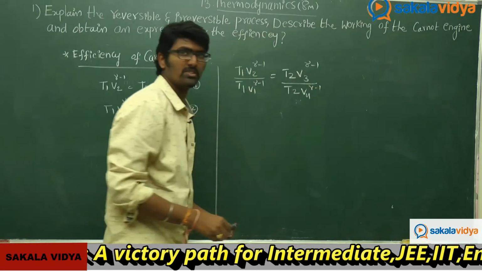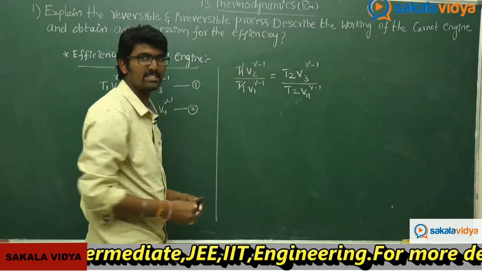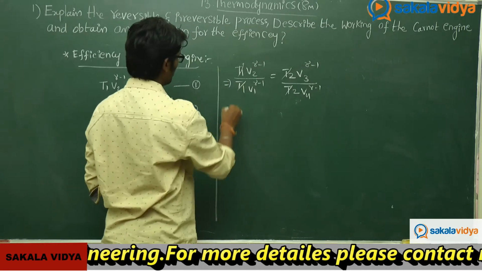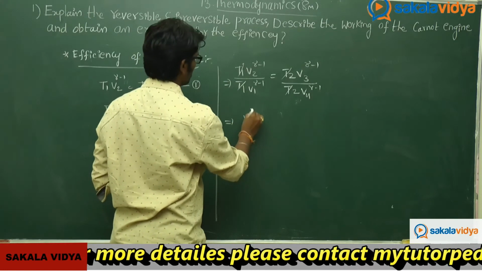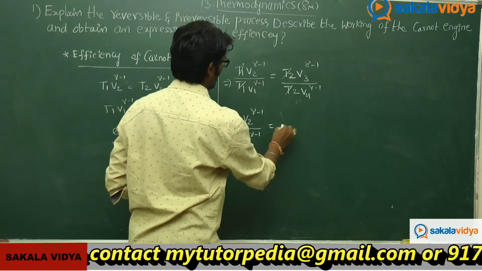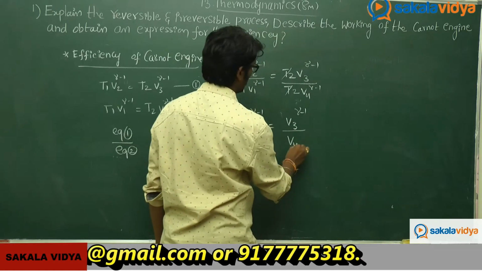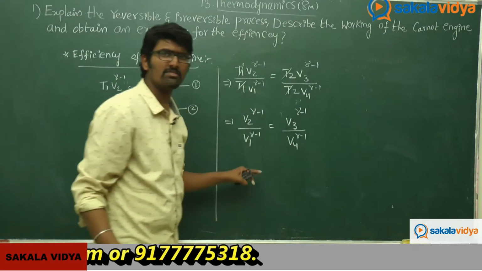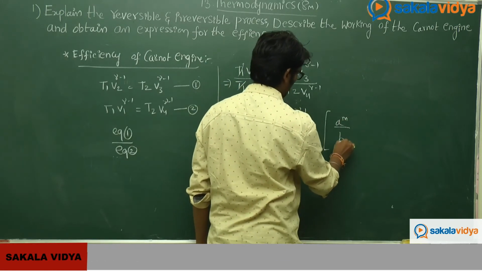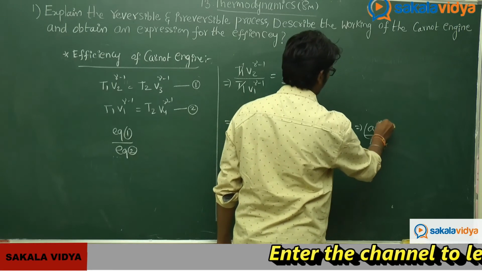So what do you observe here? On the left hand side T1 gets cancelled, whereas on the right hand side T2 gets cancelled. What is left here? V2 power gamma minus 1 by V1 power gamma minus 1 is equal to V3 power gamma minus 1 by V4 power gamma minus 1. So it is in the form of A power m by B power m, which means (A by B) whole power of m.